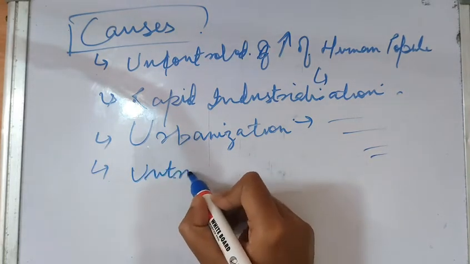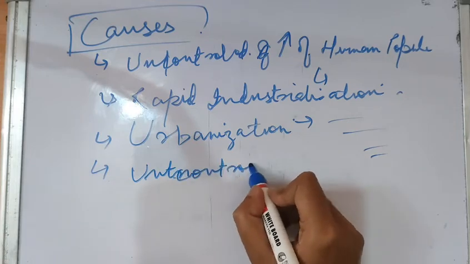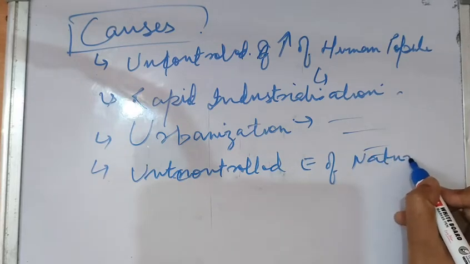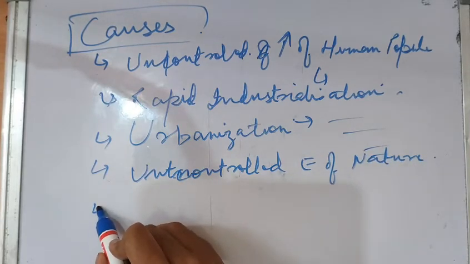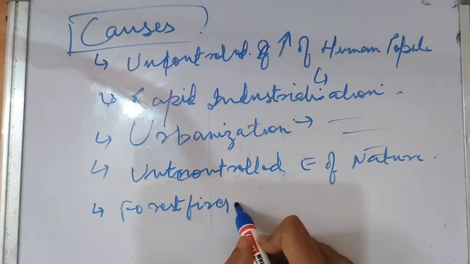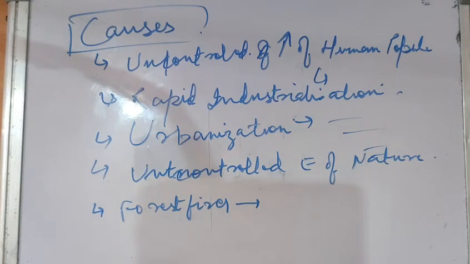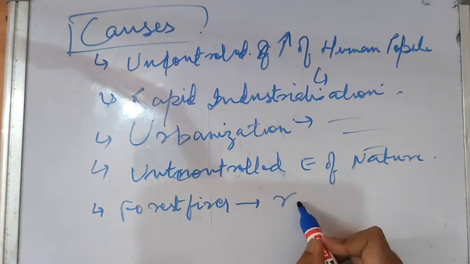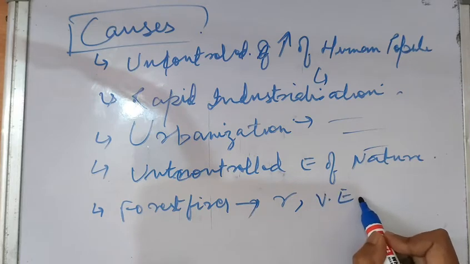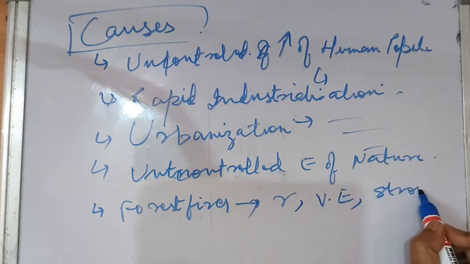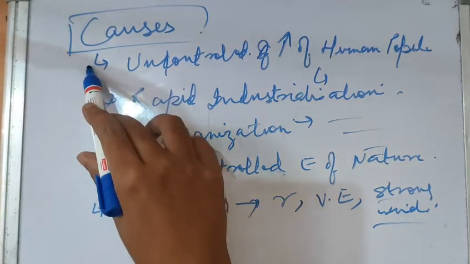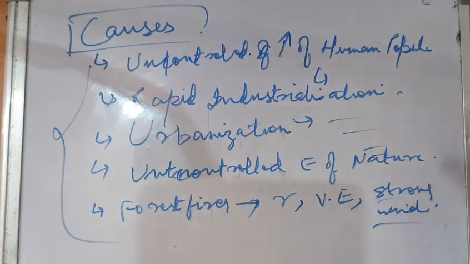Uncontrolled exploitation of nature, forest fires, GHG emissions, fumes, all degrade our air, radioactivity, volcanic eruptions, strong winds, soil erosion carry huge amounts of dust. So these are the major causes of pollution.